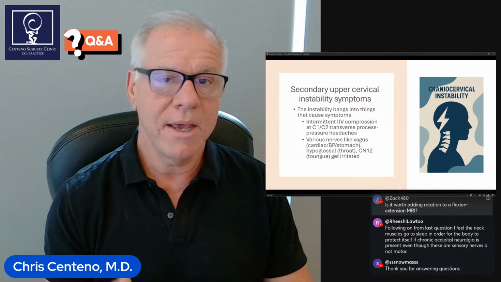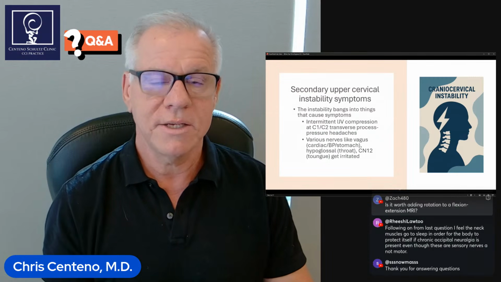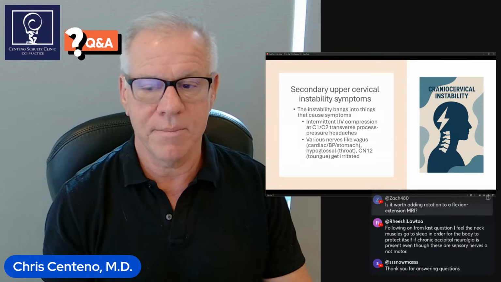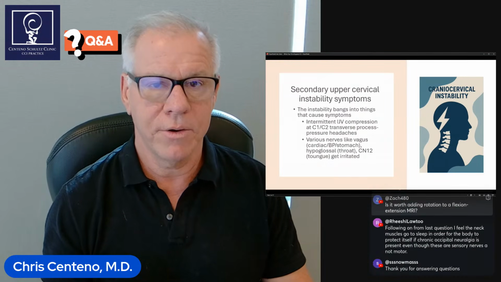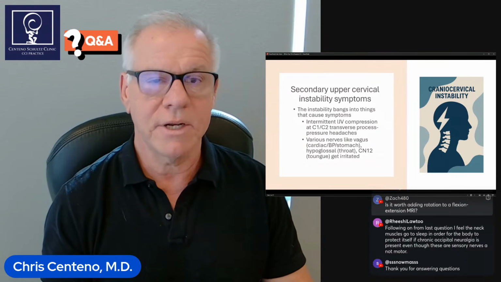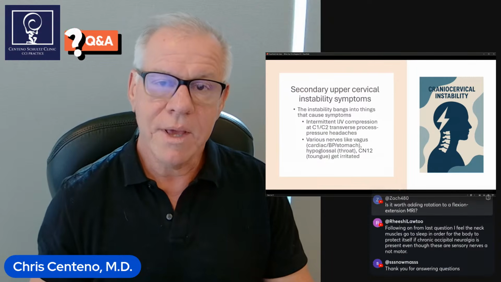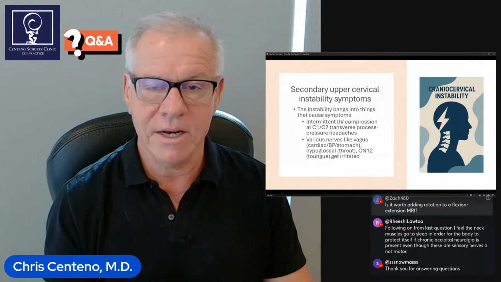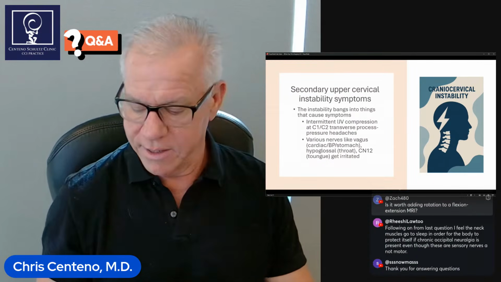So that might be intermittent IJV compression at C1, C2, causing pressure headaches, or it might be various cranial nerves getting banged into, like the vagus cranial nerve 10, or hypoglossal cranial nerve 12, each producing a separate set of symptoms. So again, when I see somebody with those primary symptoms who also has these secondary symptoms, I'm going down that CCI track.